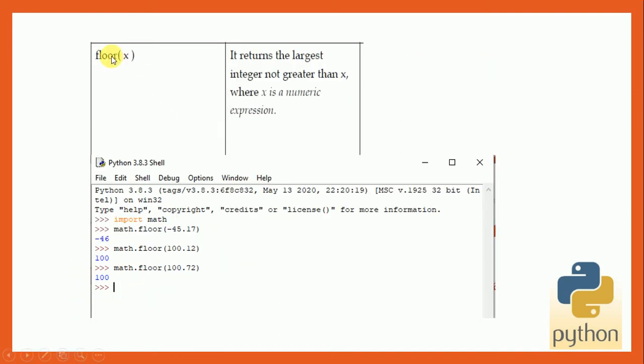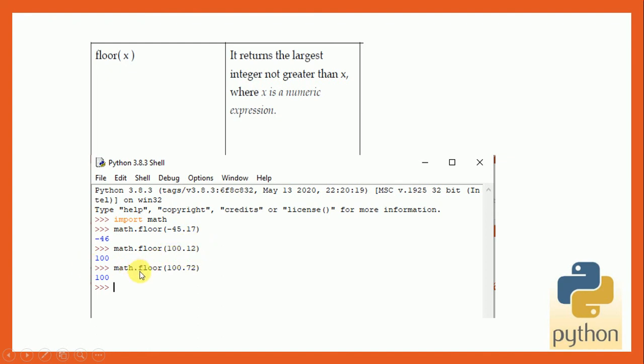The next one is floor of x. It returns the largest integer not greater than x. So first of all, we are importing math. Then math.floor of minus 45.17. It returns the largest integer not greater than x. We got minus 46. Then math.floor of 100.12. It will return the largest integer but not greater than this one, slightly less than this one.